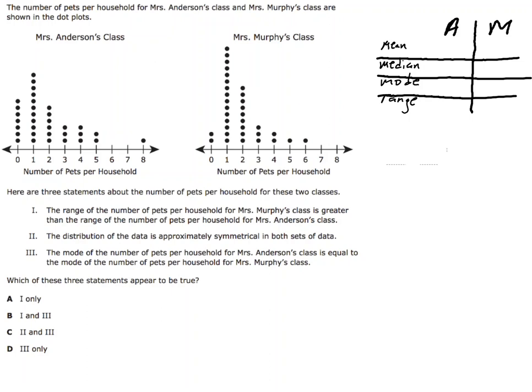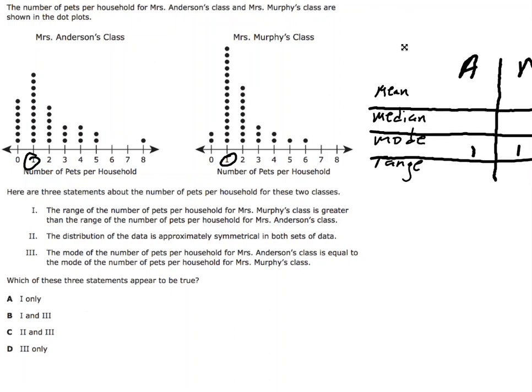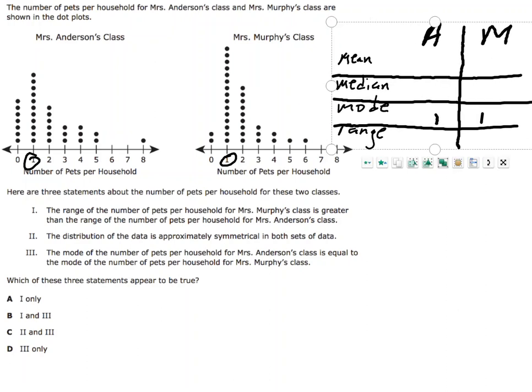Well, the easiest one is mode. We can tell that the mode on each one is 1. I'm going to enlarge that just a bit. There we go.